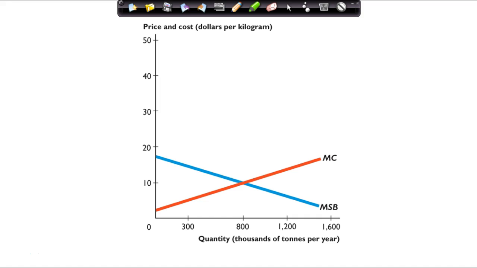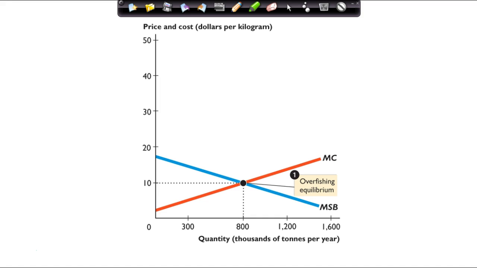So, for example, here we've got our price and cost of fish, and we've got the marginal social benefit of the consumption of fish, and the marginal private cost of fishing. So we've got our equilibrium in a free, unregulated market. The price of fish is $10, and the quantity of fish acquired is 800,000 tonnes per year.